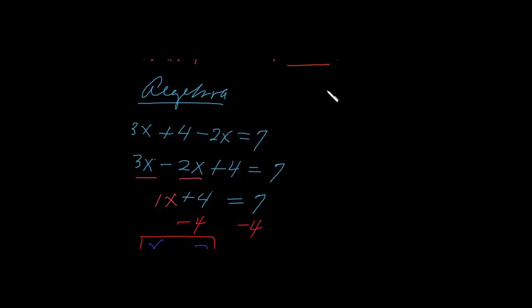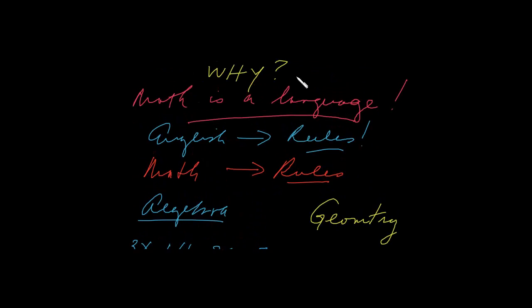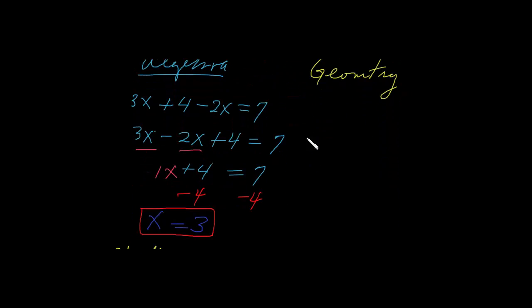Here's the thing. In geometry, the reason why we place geometry where we do is we want you to concentrate and focus on the why. That is to say, all of the steps that you took in algebra are correct and legitimate steps.